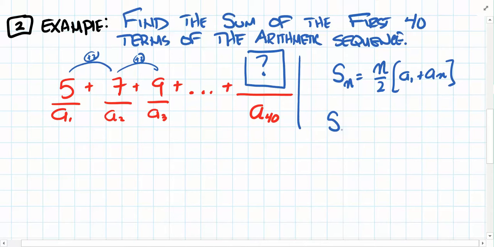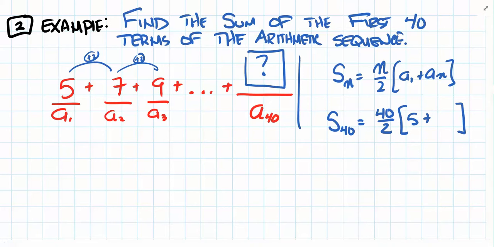So far, the sum of the first 40 terms is going to be 40 divided by 2. The very first term I know is the number 5, but I don't know what the last term is. So I need to use the fast forward formula in order to get it, and that's what we have to do first.